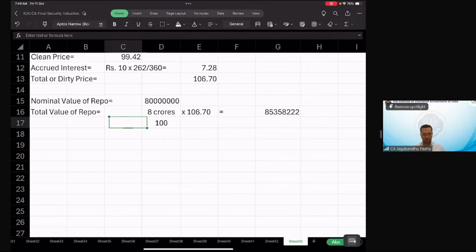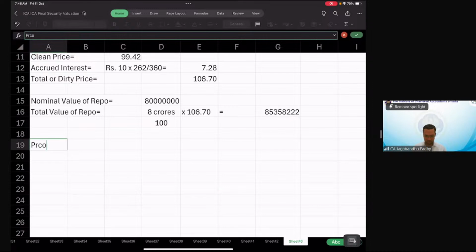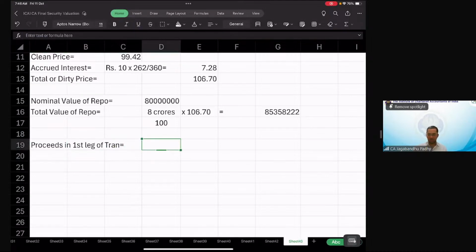But what will be the proceeds in the first leg of the transaction? The proceeds will be after deducting the margin, because it has been stated that there is a margin of 2%.